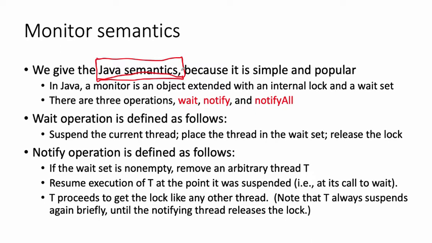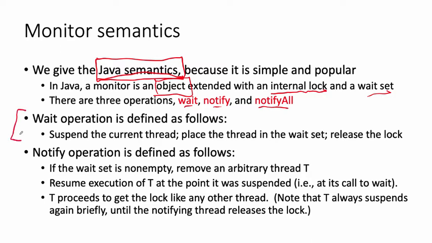Okay? So a monitor in Java also is an extension of an object. So the monitor is attached to the object. In some languages, it's a separate concept. In Java, it's attached to objects. So the object will have a lock and a wait set added to it. And there are three operations: wait, notify, and a third one called notifyAll, which I'll explain.